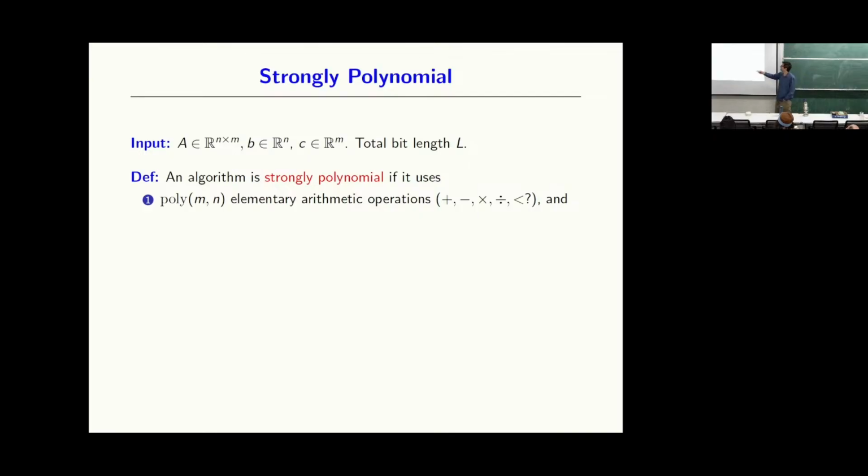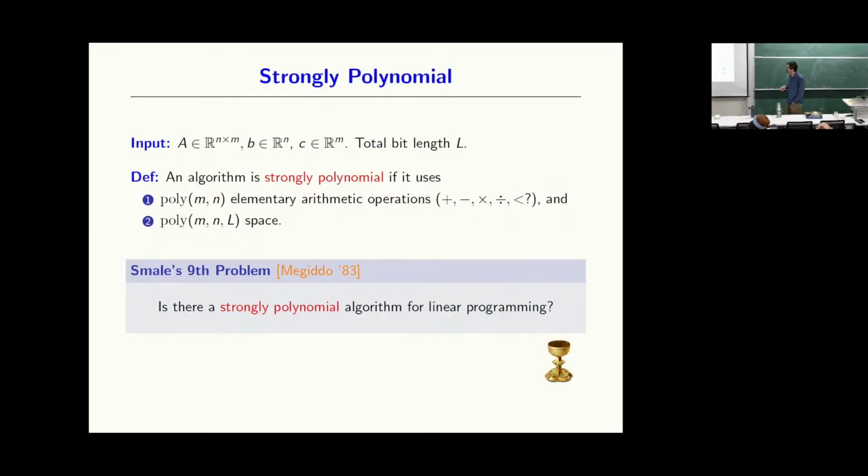So for these operations, I'm going to charge you a cost of 1, and I'm not going to care how complicated it is on a bit level to multiply or add your numbers together. But then there's also a technical condition, which is that the numbers in your method should not explode, and that corresponds to having bounded space.